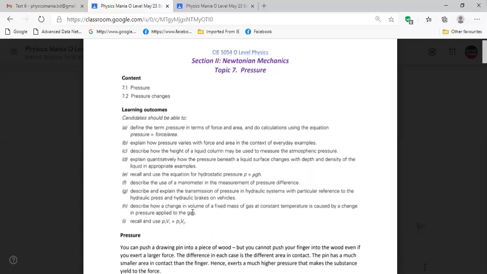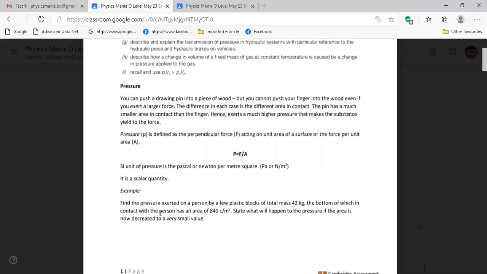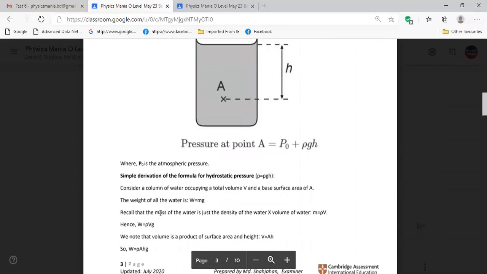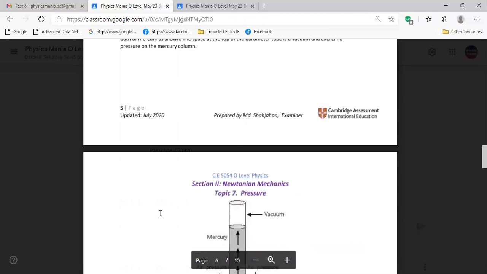That one we are going to discuss at constant temperature. With fixed mass and constant temperature, volume and pressure are inversely proportional. Yeah, that is Boyle's law. So now we have all this discussion.